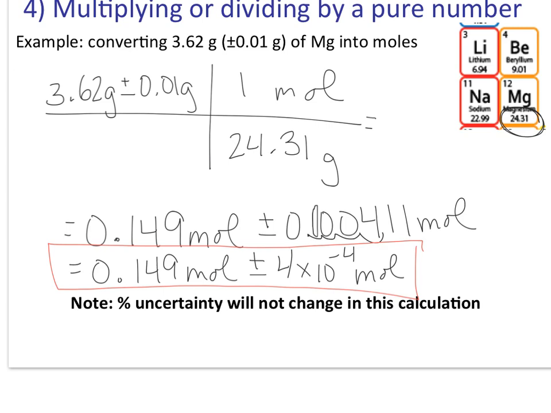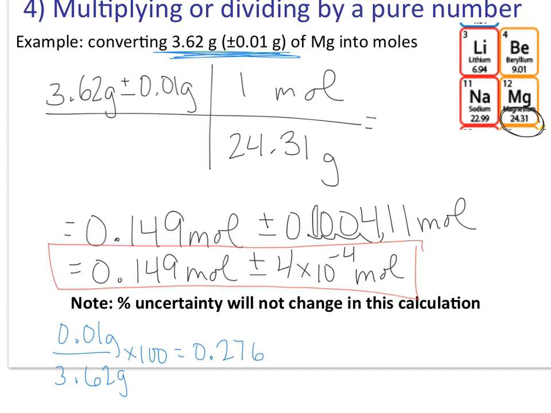First, looking at this as a percent, I'm going to do 0.01 divided by 3.62, all grams, times 100. And this gets me 0.276 percent. Of course, we'd only keep the first number here.